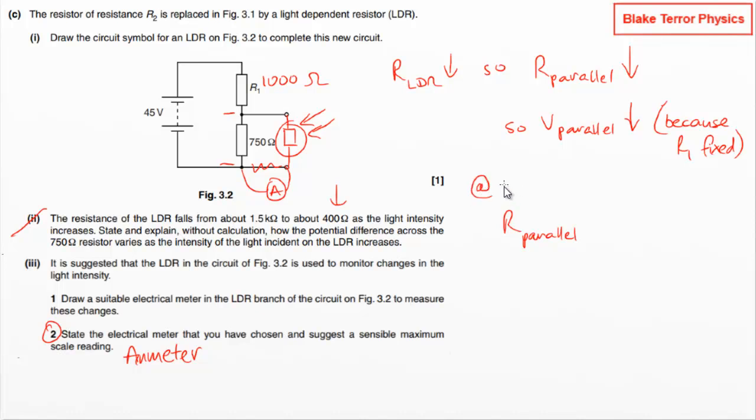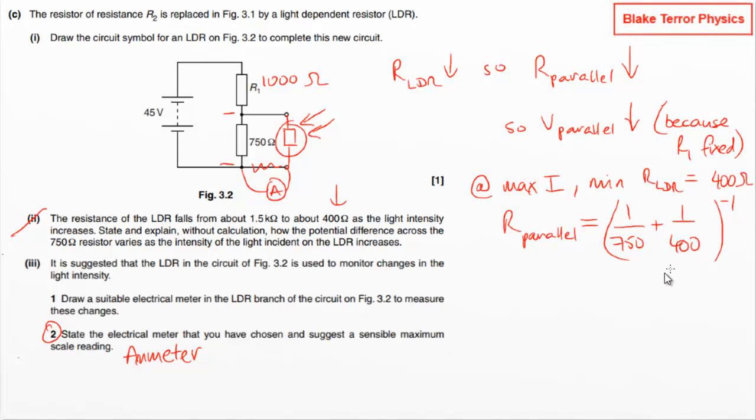At maximum current, we get minimum R of the LDR, equal to 400 ohms, because that's what they told us it was going down to. So R parallel, we have to do our parallel resistor calculation: 1 over 750 plus 1 over 400, then take the reciprocal of that. Those aren't easy numbers, so I'm going to have to go to the calculator on that one, sadly.